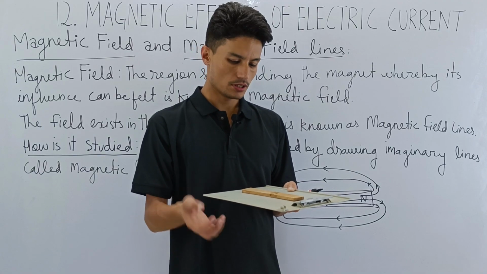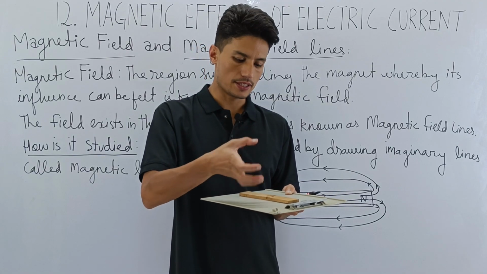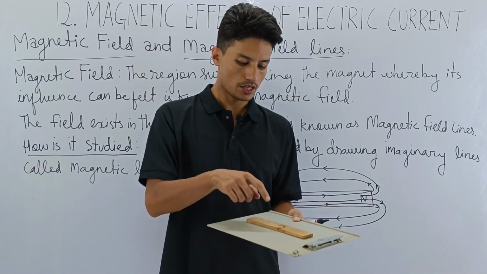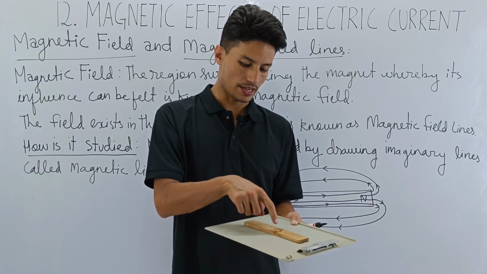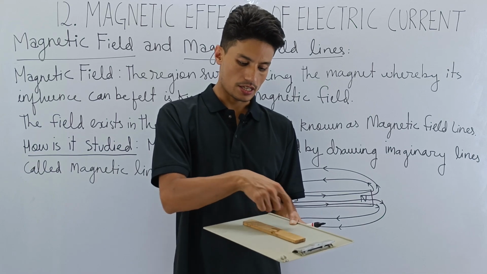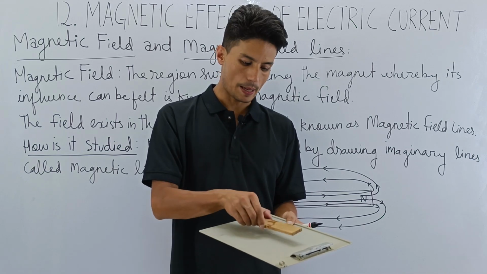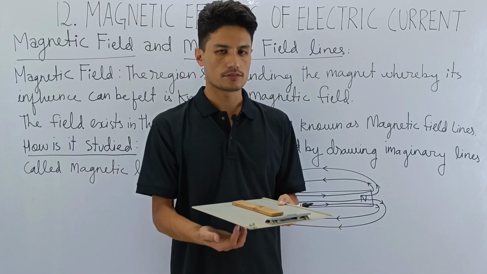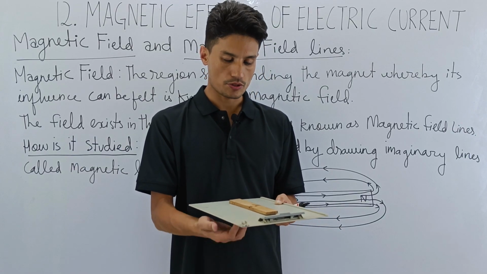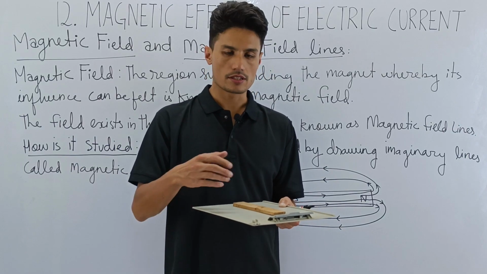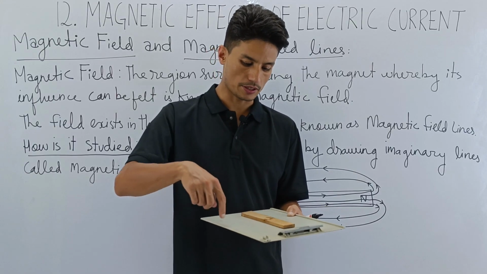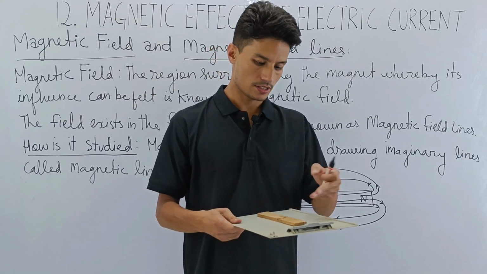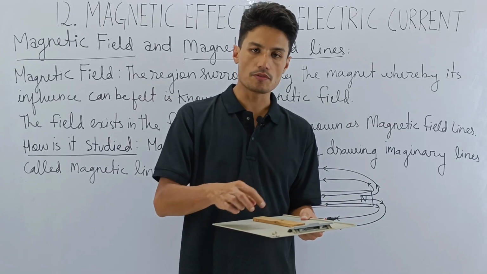On tapping the cardboard, the iron filings jump, and when they jump, they realign themselves to the attraction produced by the magnet placed in the middle. After doing this, they found that a particular arrangement was observed. This arrangement existed in the form of lines.